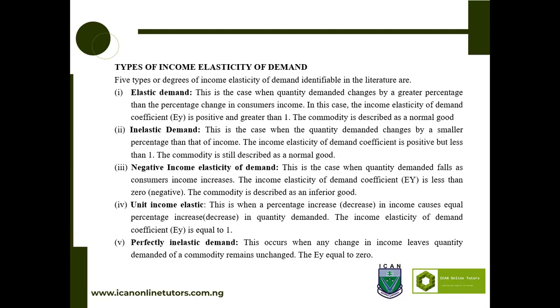The income elasticity of demand coefficient is equal to 1 in this situation, unit income elastic. And lastly, we have the perfectly inelastic demand. So this occurs when any change in income leaves quantity demanded of a commodity unchanged. So the income elasticity of demand coefficient will be equal to 0.